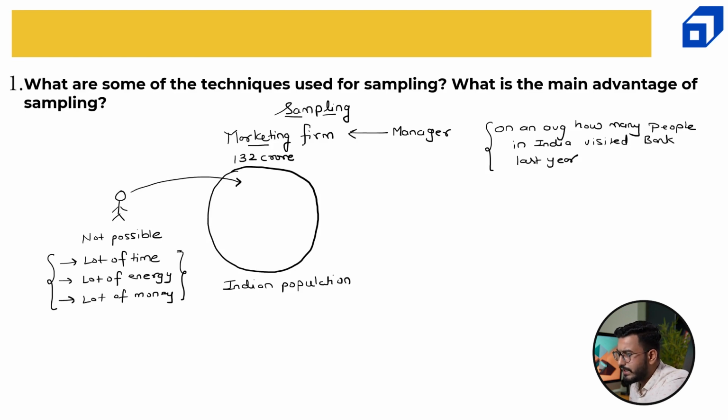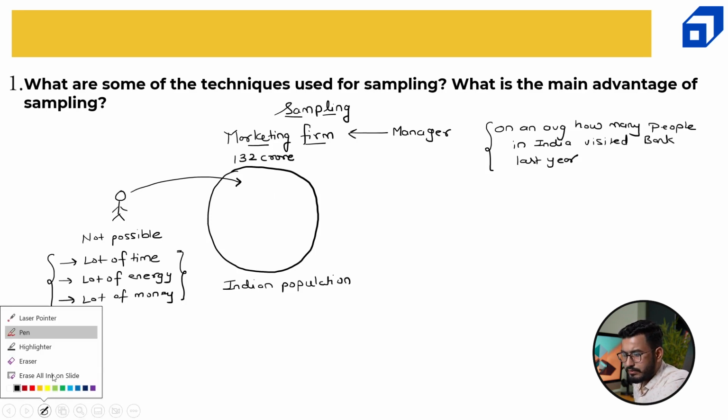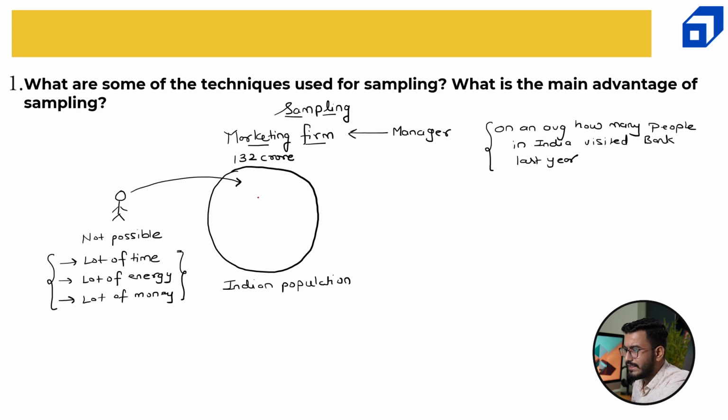But for a marketing company, if they are willing to find out this answer, the best solution is to perform what is known as sampling. So I'll take a small sample, and when I say sample, I basically mean I'll take around, let's say 1 lakh random people.